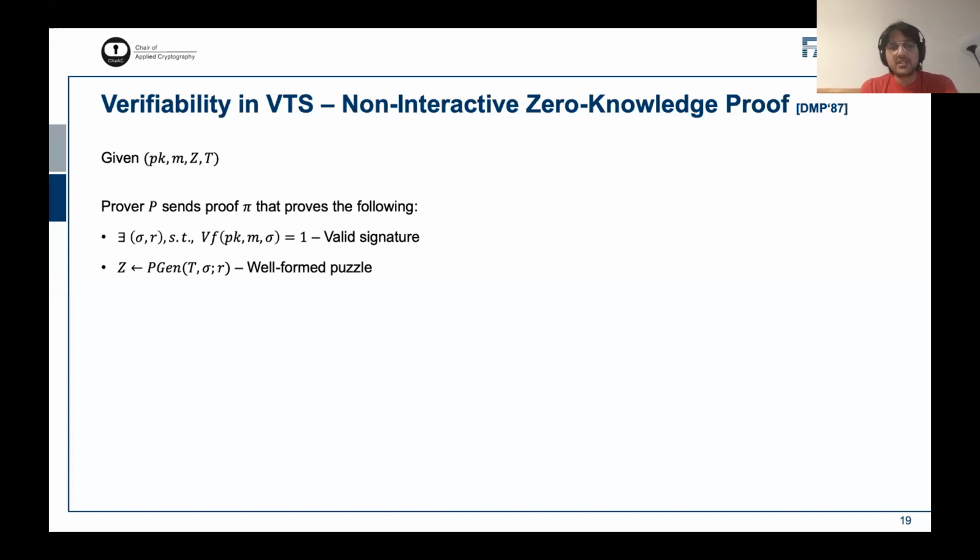What I mean by well formed is that the puzzle can be solved correctly in time T. Okay, and the efficiency really comes from the fact that we design a tailor-made efficient NIZK proof compared to the previous construction, which I will talk about in the upcoming slides.